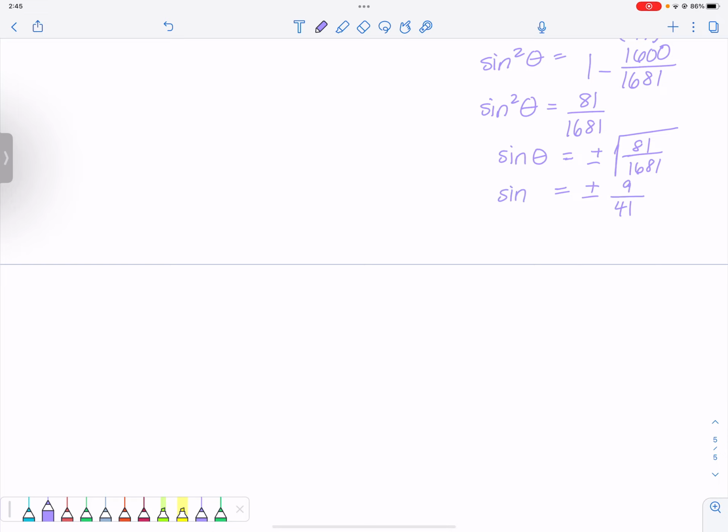That's the sine of theta. Now, keep in mind, in quadrant 4, the sine is negative. So therefore, the sine of theta is the opposite of 9 over 41.